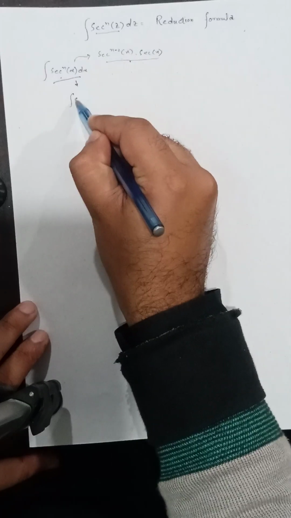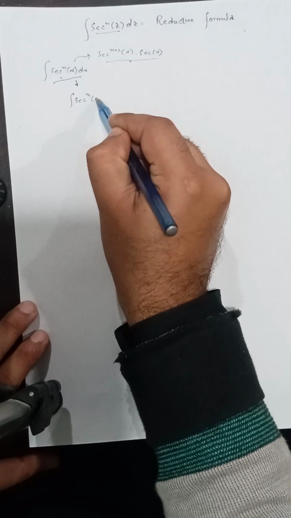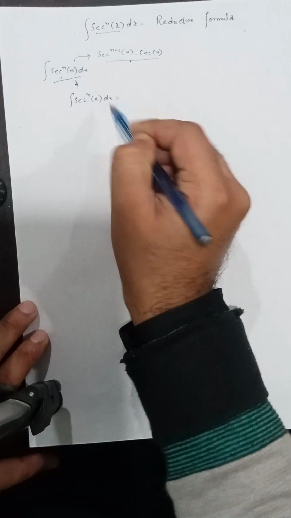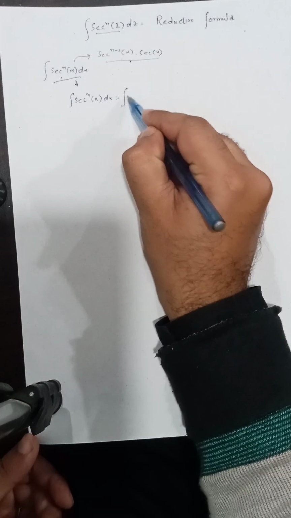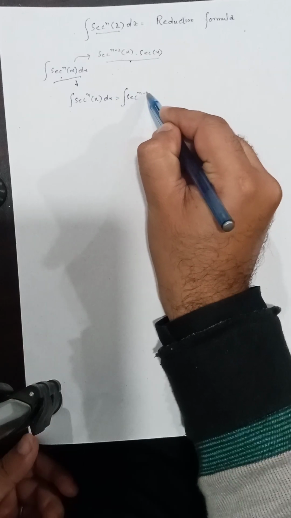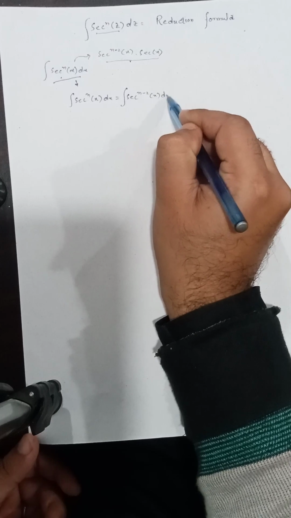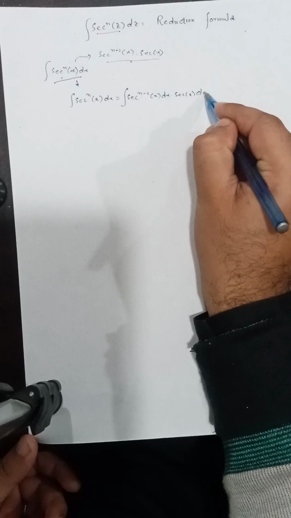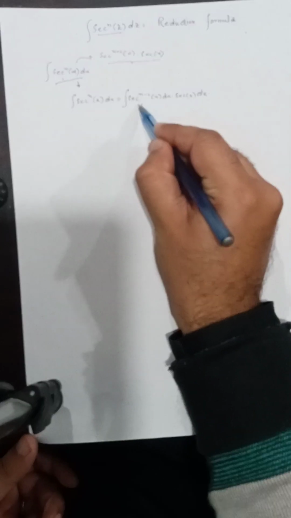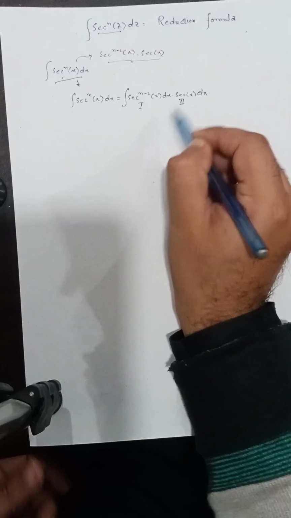So the integral of secant n of x with respect to x is equal to the integral of secant power n minus 2 of x dx with secant square of x dx. This is the first function and this is the second function.